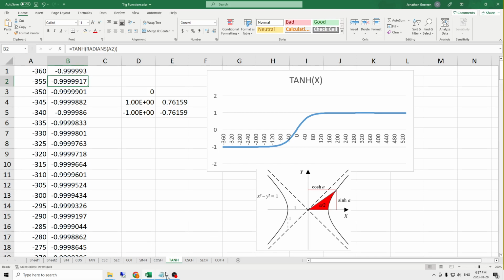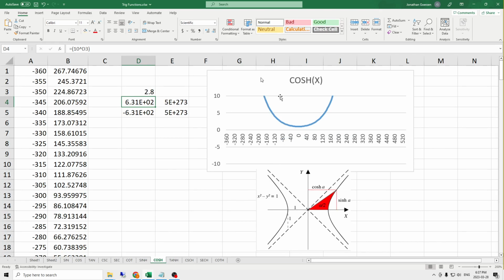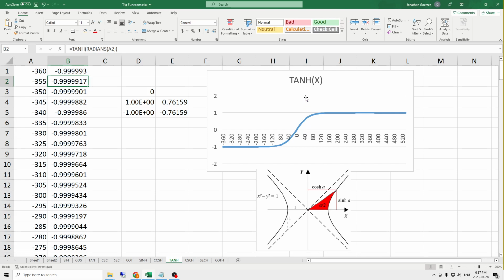And part of why that's interesting is that we saw that the hyperbolic sine explodes and the hyperbolic cosine explodes, but when you divide the hyperbolic sine by the hyperbolic cosine, we actually get a well-behaved or reasonably bounded function because the hyperbolic sine and hyperbolic cosine explode at the same rate, which is kind of neat.